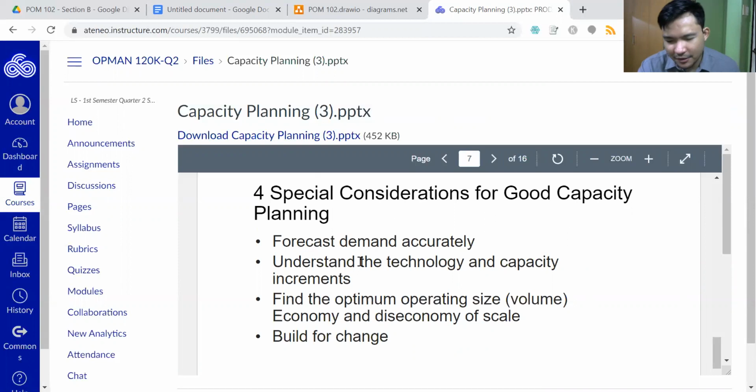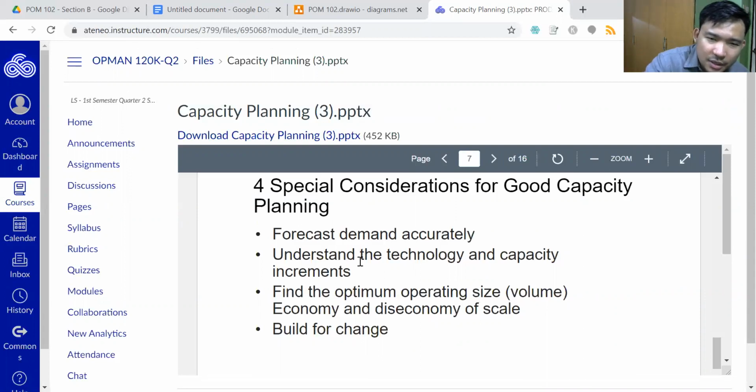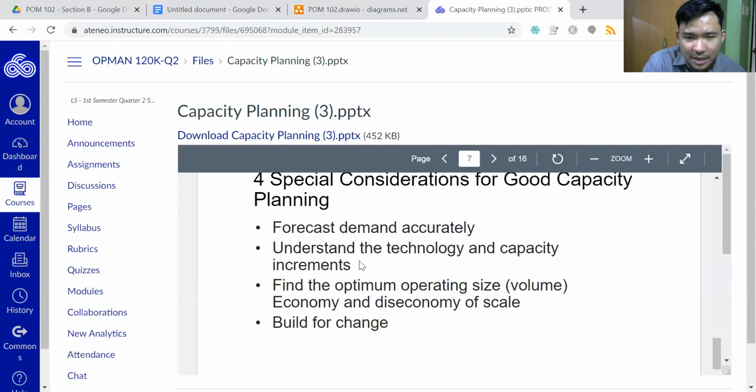So of course, you'll maybe stock up on inventory, add more machines, get more people, so there's already that cost that you will be incurring. If your forecast turns out to be way off, then capacity planning becomes more difficult. Okay, so next is understand the technology and capacity increments.